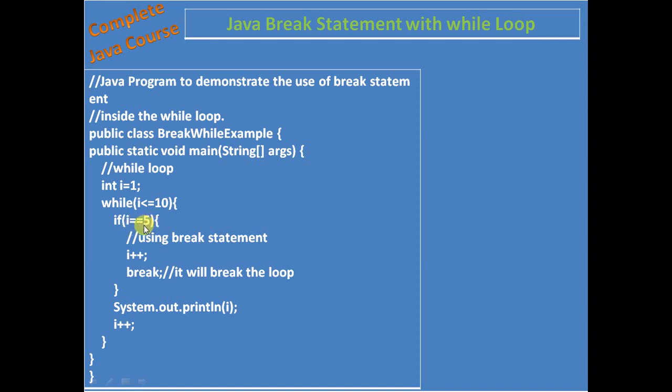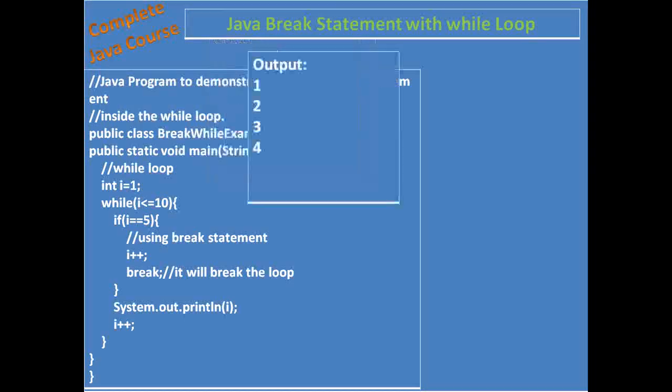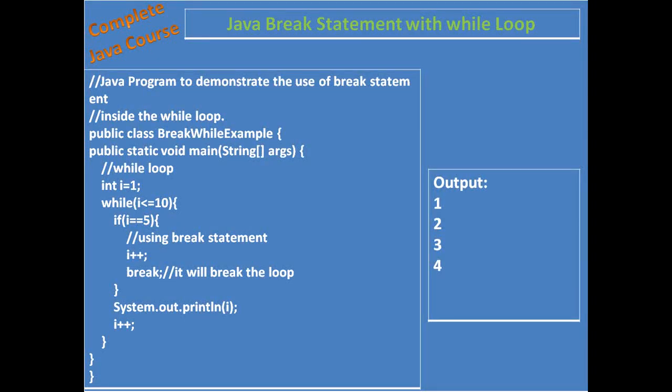So when the condition is matched and the break statement is executed, the control will come outside of the loop. And the output of this program will be 1 to 4.